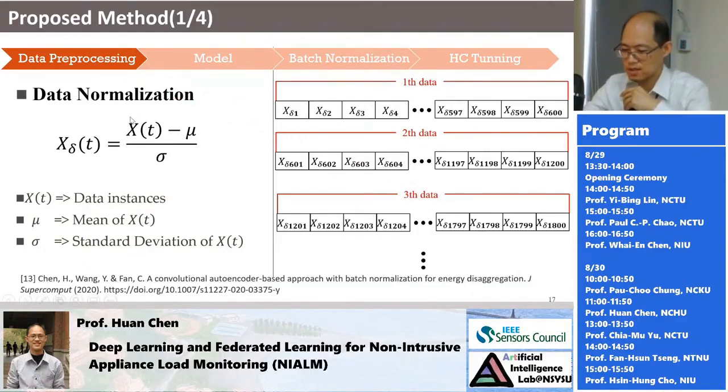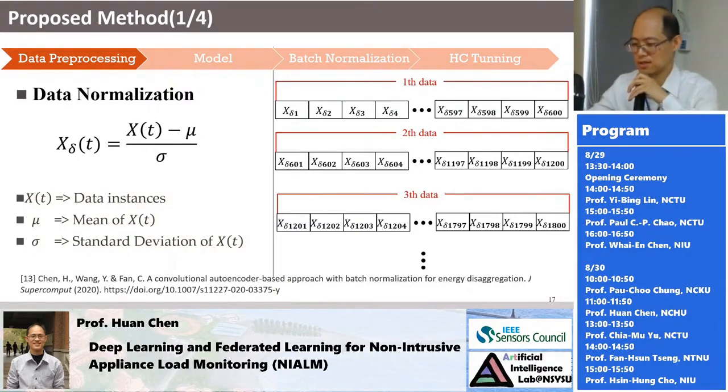The next preprocessing step: since the signal is long time series data, we have to divide it into several chunks. We perform a segmentation technique that separates the data into frames.